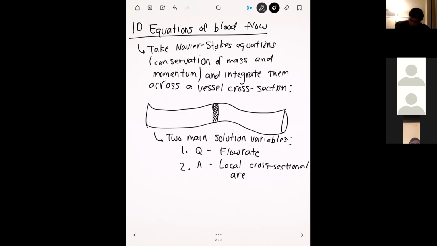A third unknown will be the pressure, but it's not directly solved for in the equation. We do something else for the pressure that you'll see later. So I'll put in parentheses 3, pressure. Pressure's there, and we do solve for it, but it's not a direct output from the PDEs.